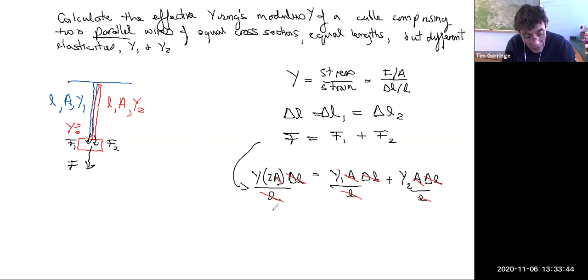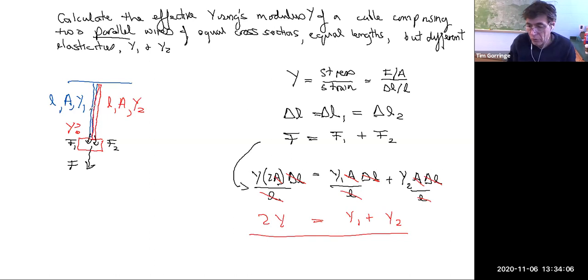And we're left with a relationship that 2Y, 2 times the effective Young's modulus of the cable, is the sum of the Young's moduli of the individual wires. And so that's the relationship between the individual Young's moduli of the two wires with two different materials, and the effective Young's modulus of the entire cable.